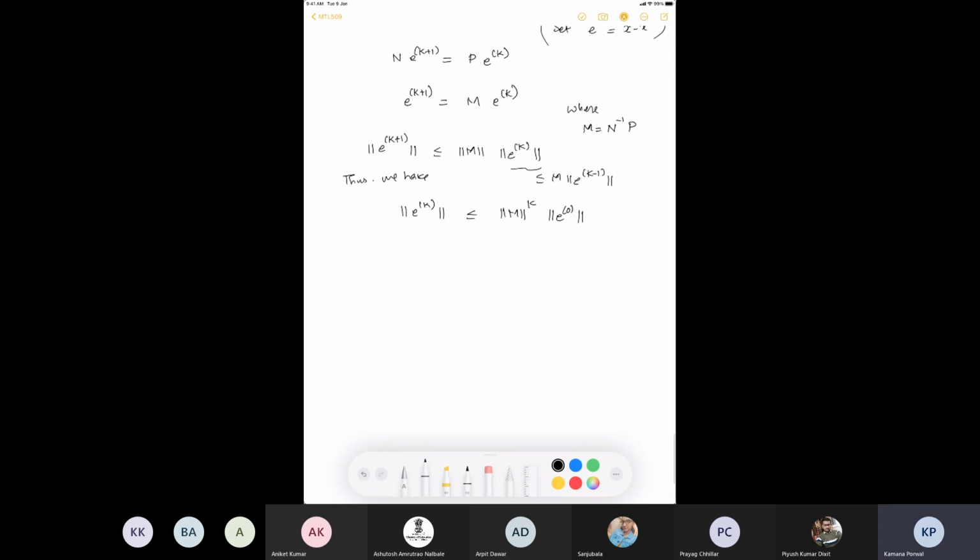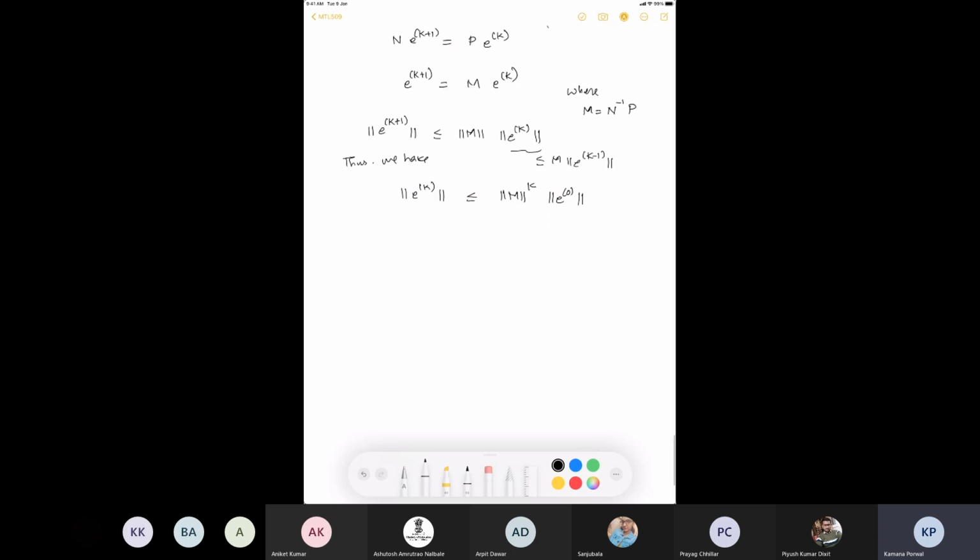So what is the criteria for the convergence of this Ek? I have to have that norm of M has to be strictly less than 1.